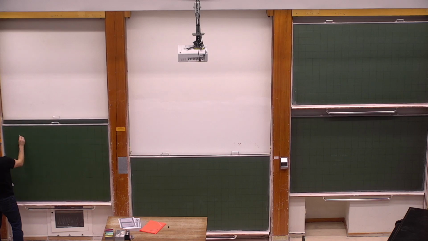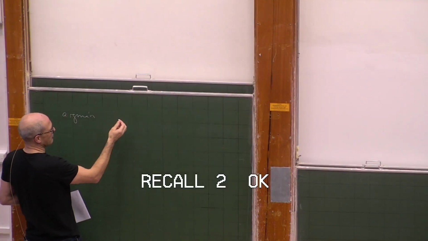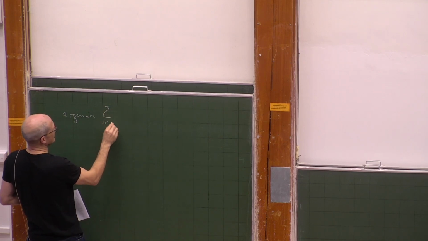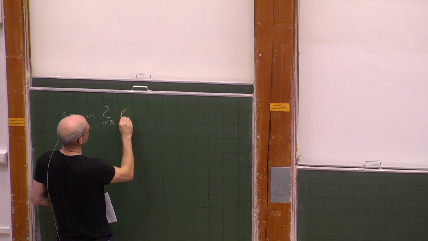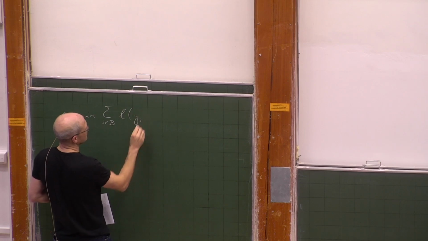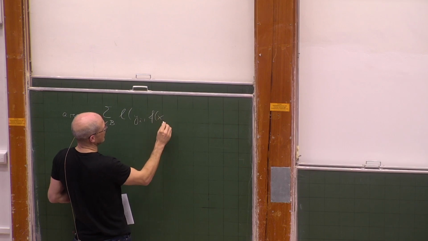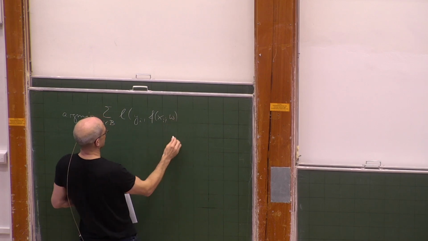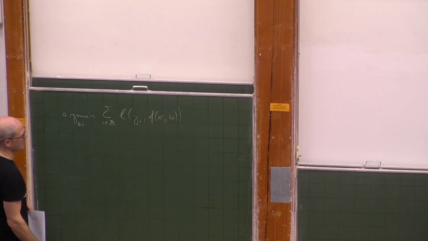So we were looking at the optimization problem of neural networks in machine learning. We said that we have a summation over training samples from some batch, and we have the loss between some true label and our neural network F, which accepts xi as input and has parameters w, and we minimize this over w.